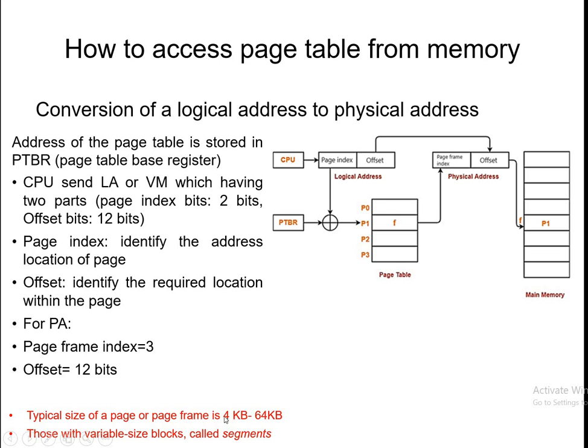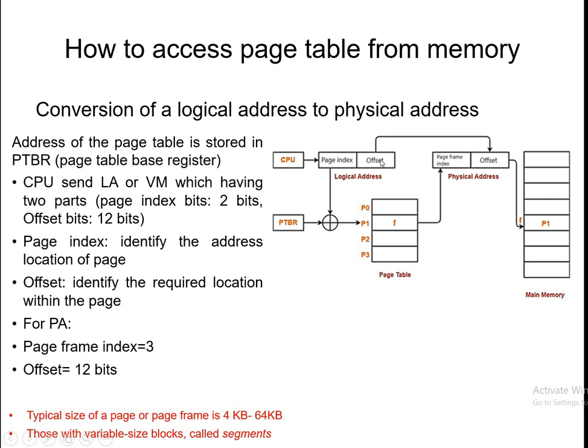The typical size of a page or a frame is in the range of 4 KB to 64 KB, but for this example we will consider the page size to be 4 KB. The same size is used to define one frame.